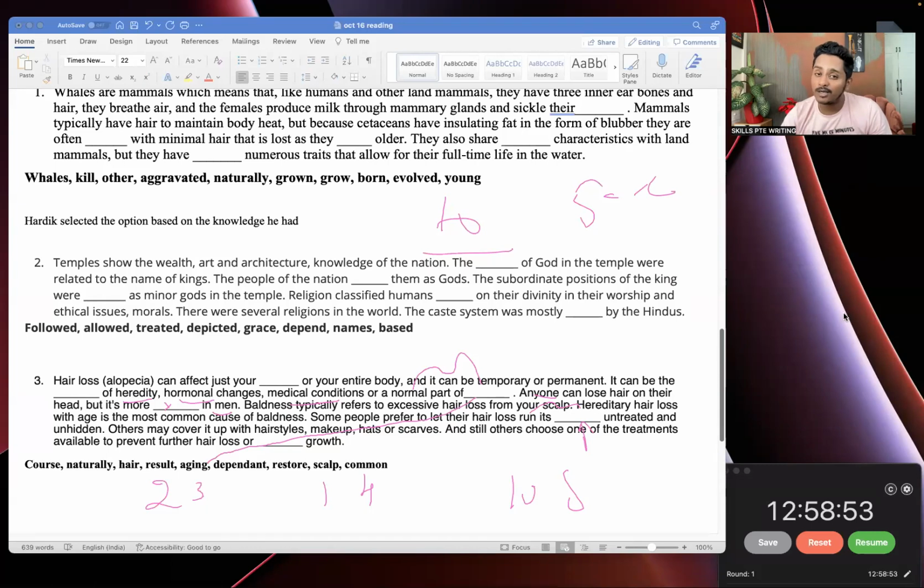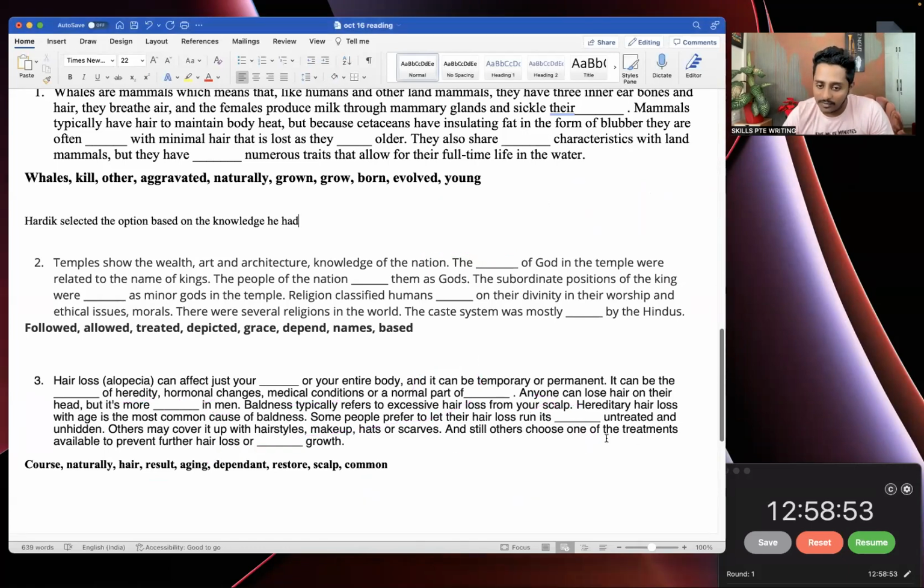I want you, Gagan, to put something which makes a grammatically correct sentence. Some people prefer to let their hair loss run its course. Run its course untreated. It's now the end of a sentence.